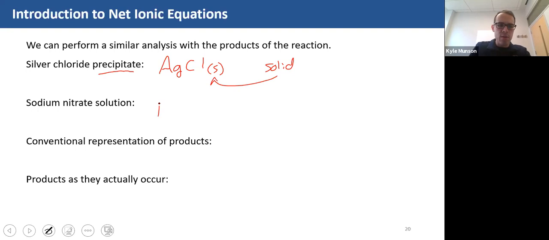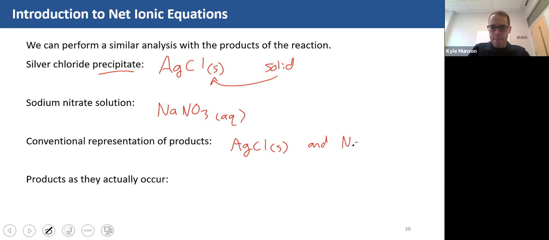And sodium nitrate solution, okay. So this is going to be aqueous. Again, it's the solution. So the conventional representation of the products is what I just wrote there. We're going to have this silver chloride and sodium nitrate. But again, it doesn't capture the whole picture of the species that are really in solution.